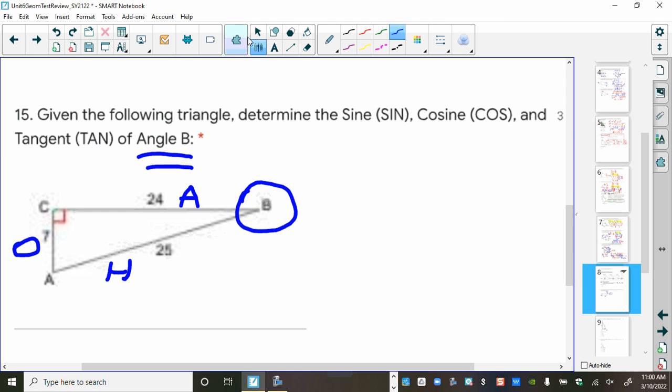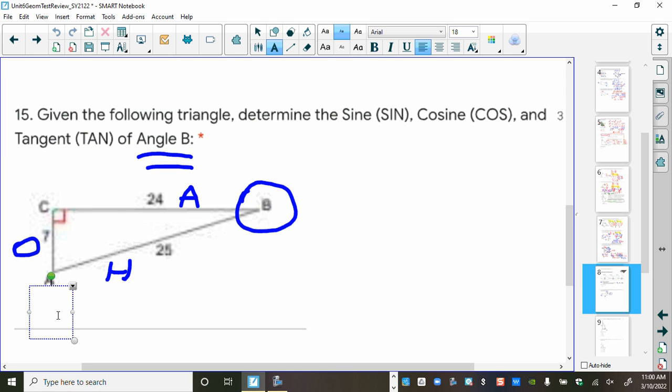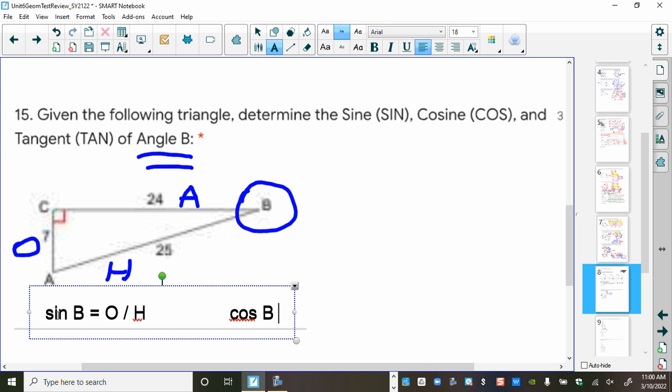And then in the end, I'm just going to type that out. The sine of B would equal your opposite. I'm just going to put the slash hypotenuse, or O divided by H. And then the cosine of B equals, well, am I going to use the opposite or the adjacent to get the cosine?